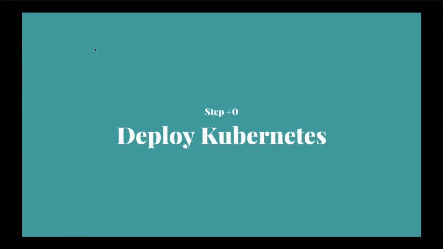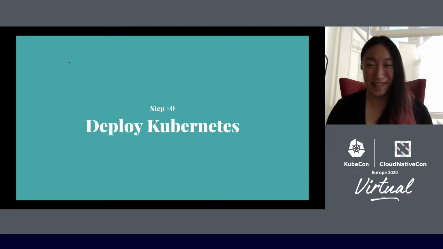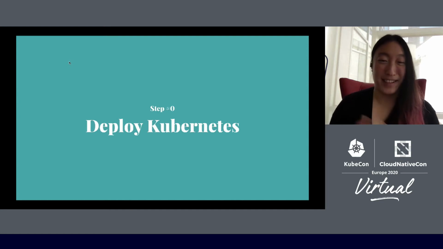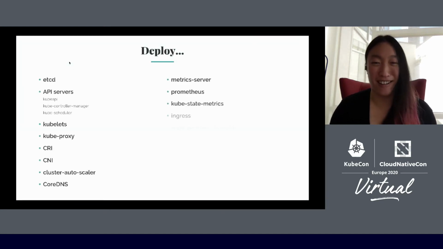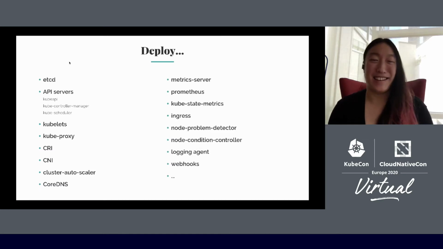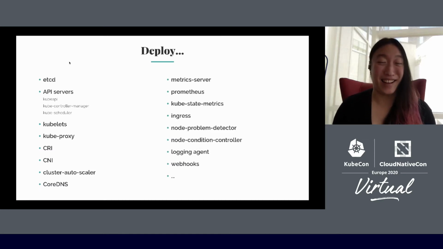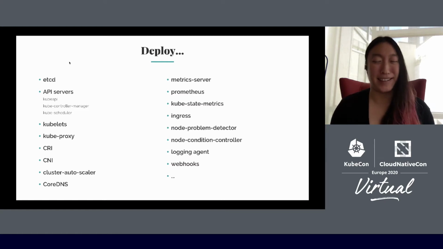Okay, as an operator, step 0 is to deploy your Kubernetes. That sounds simple enough. Okay, so let's deploy all of these things. I actually had to go into my team's repo to look at what things I missed, and there were quite a bit.